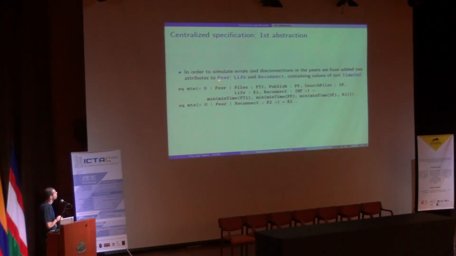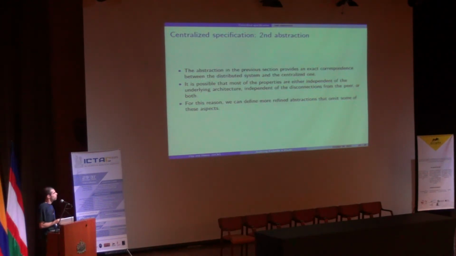Okay, and we also need to reproduce connection and disconnections. So we add these live and reconnect attributes that can take the infinite value. So when reconnect is infinite, the socket is working, and otherwise it's not working, and it cannot move messages from one process to another.